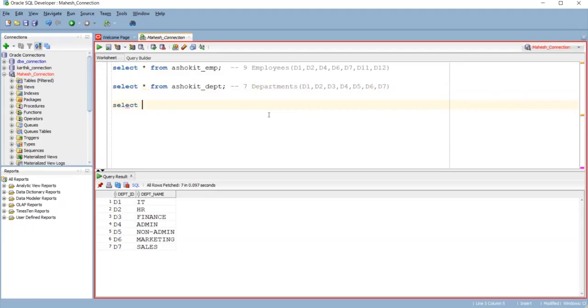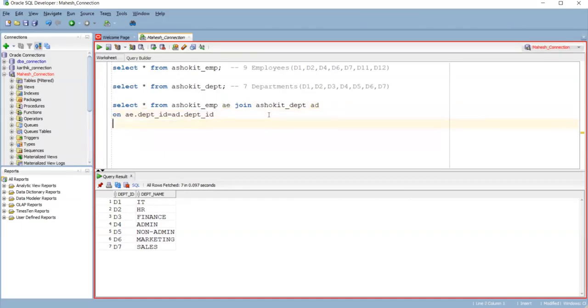So now tell me, when you are joining the two tables: select star from Ashok IT underscore employee, join keyword, Ashok IT underscore department table, on condition. Employee table department ID equal to department table department ID, sir.